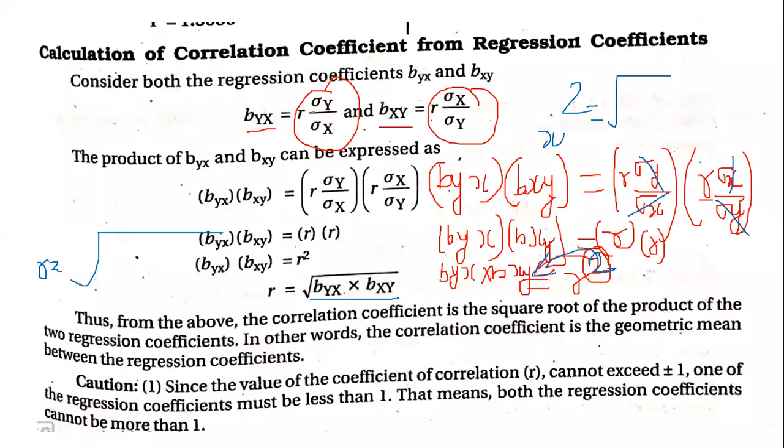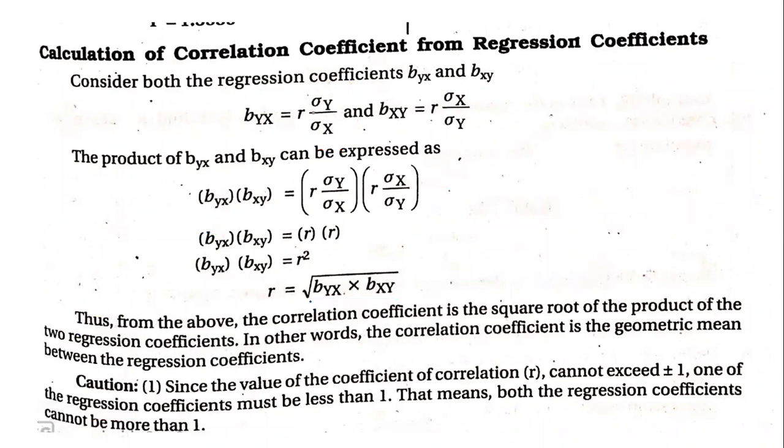So how do I find the correlation coefficient using regression coefficients? I am repeating it again. Clearly understand. R is the correlation coefficient. Regression has two coefficients, Byx and Bxy.